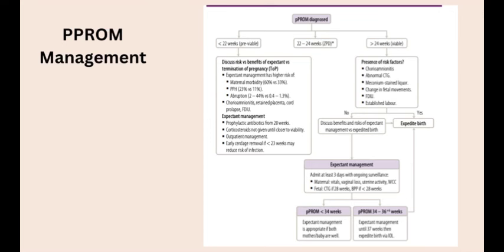Then the question becomes, are there any risk factors? And they're very similar to the previous risk factors we've talked about before for PROM, which is, does the patient have chorioamnionitis, abnormal CTG, meconium stained liquor? This basically means that the fetus has defecated in its amniotic fluid, which is a risk factor as well. And established labor as well, these are all risk factors.